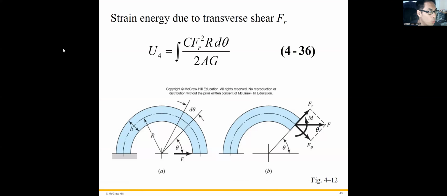So the force term of the strain energy is due to the transverse shear from the F R, which is the radial force. For this transverse shear, we have to take this modifier factor into account, which depends on the cross-section shape.